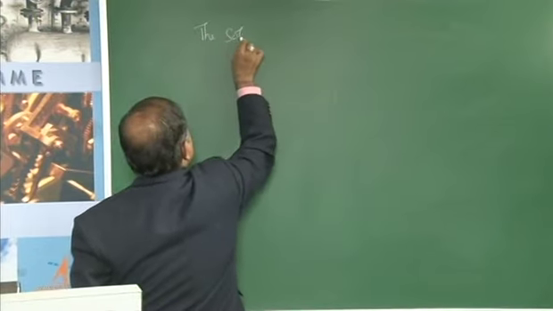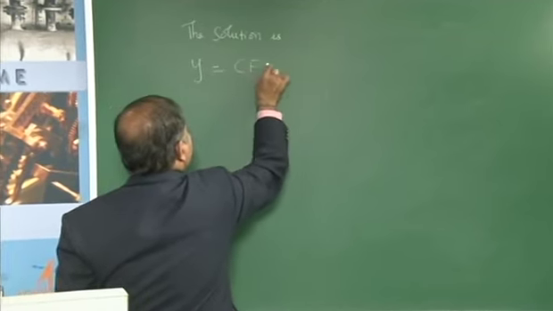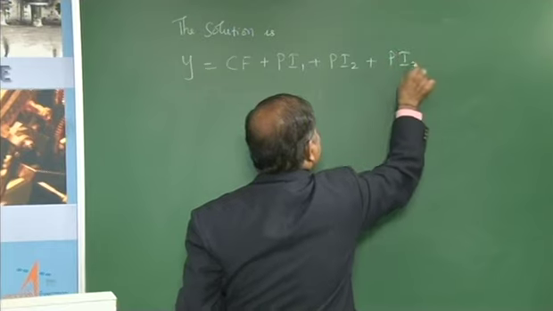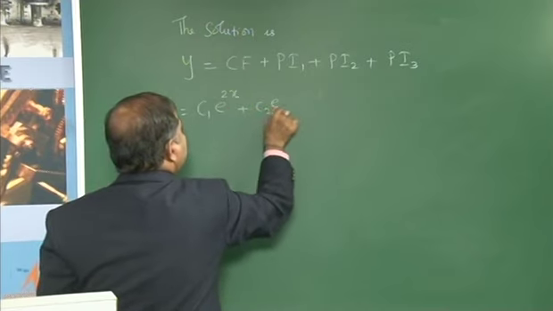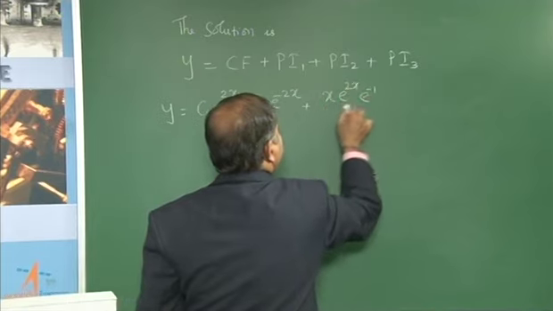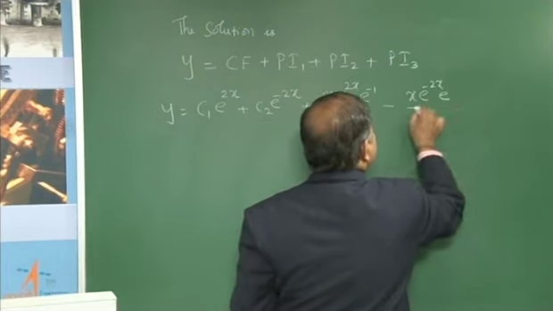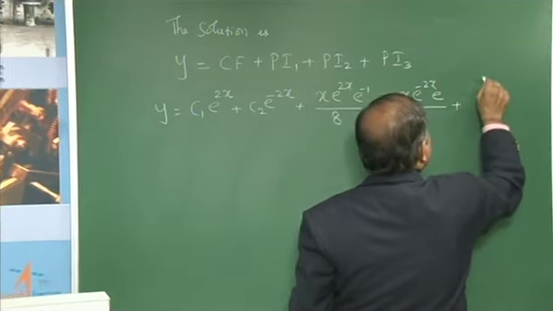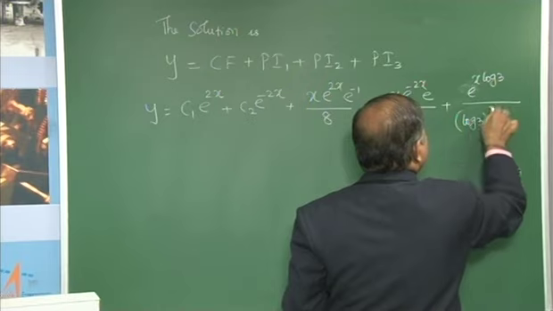Therefore the solution is y is CF plus PI1 plus PI2 plus PI3, that is C1 e power 2x plus C2 e power minus 2x, then x e power 2x e power minus 1 by 8 minus x e power minus 2x e by 8 plus, you can write e power x log 3 also or 3 power x, not a problem, by log 3 whole square minus 4.